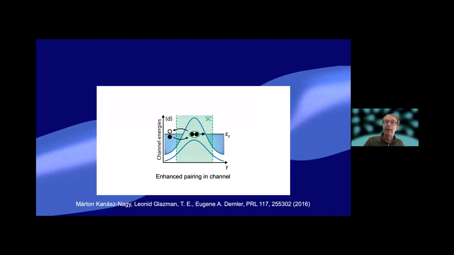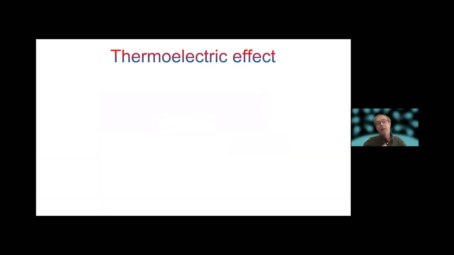And depending on where you put this, and if the superconducting wave function enters into the reservoirs, it can couple to additional modes, leading to a higher conductance. Okay, so that was just a bit to give you the flavor.